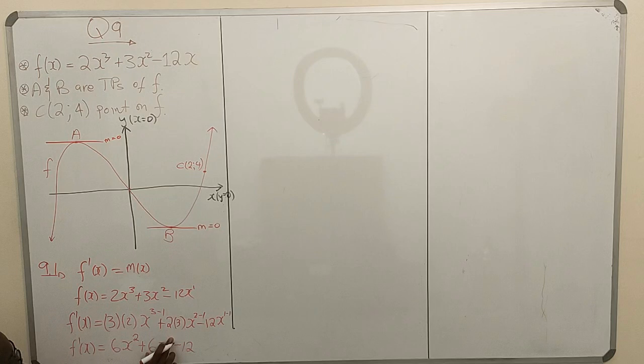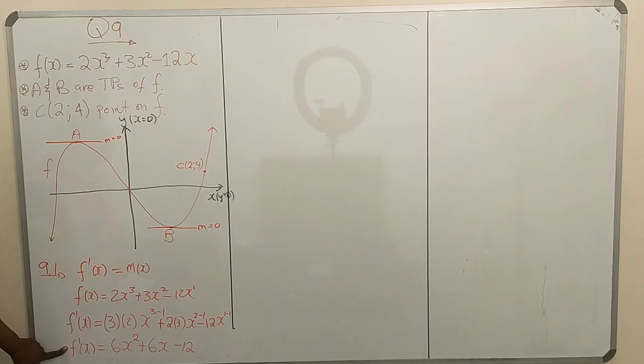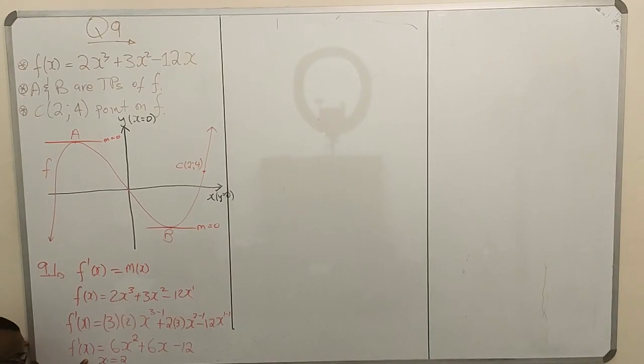So this derivative here, f prime, gives you a gradient at a point. If you substitute any point here, let's say for example, if you substitute x is equal to 2 here, then you will get the gradient at x is equal to 2. That was an example. So I'll wipe this away.